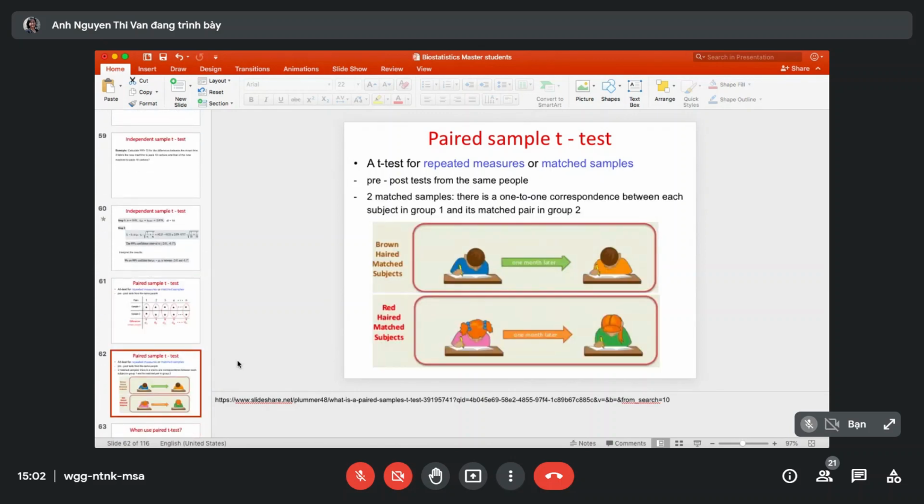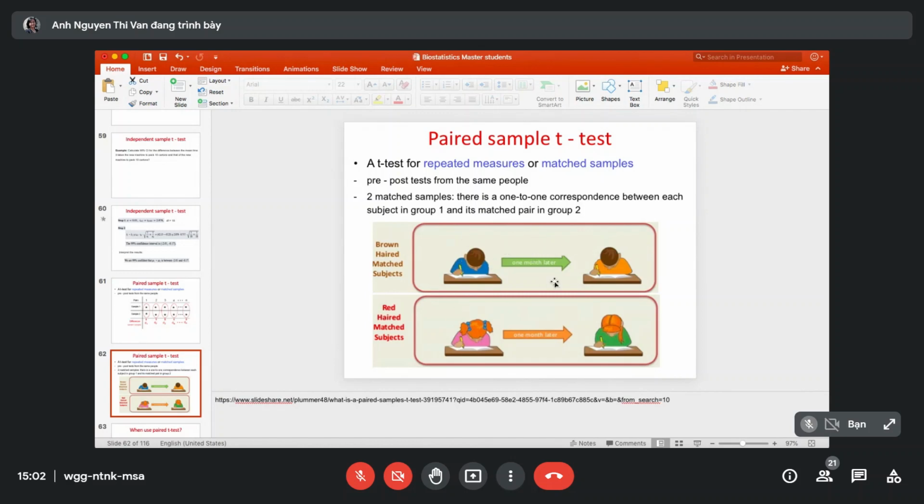Okay, so as I said, a very common example of paired data is a pre and post test from the same people or the same object. Two matched samples could have a one-to-one correspondence between each subject in group 1 and a matched pair in group 2.